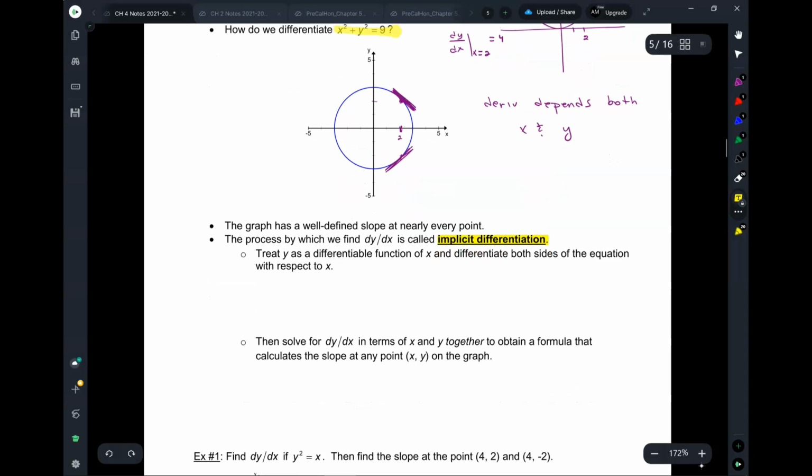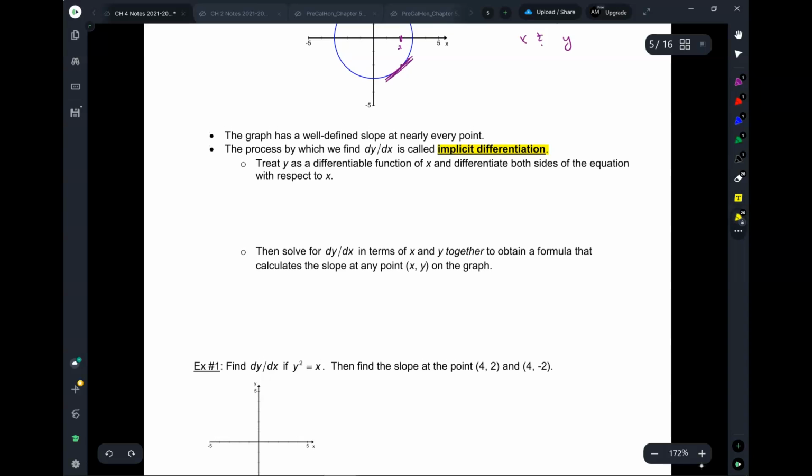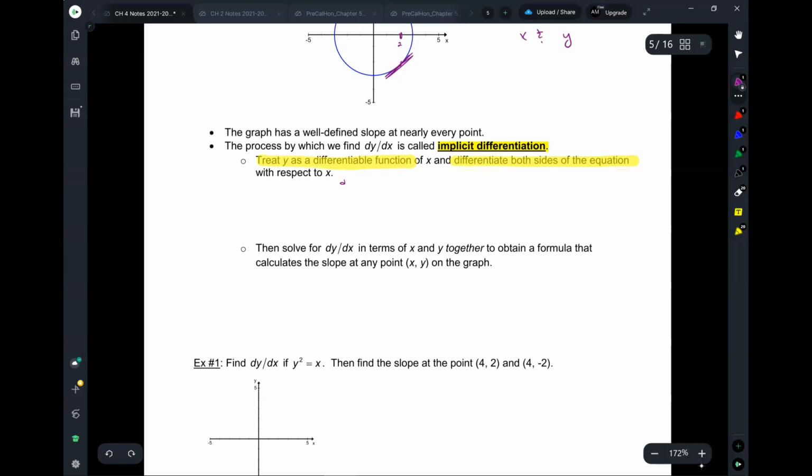So the way in which we're going to do this is: we treat y as a differentiable function of x, and we differentiate both sides of the equation with respect to x. What does that mean? To take a derivative of that function above, we do d/dx of x squared plus y squared is equal to d/dx of 9.